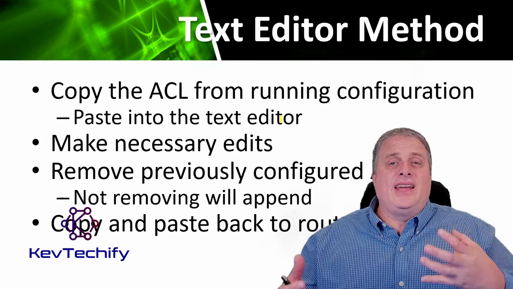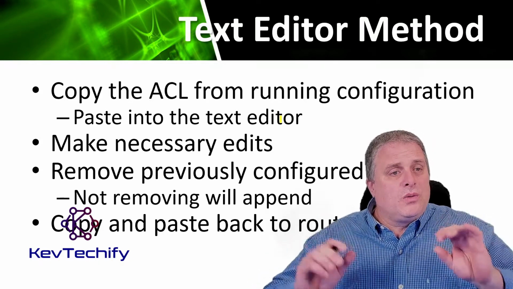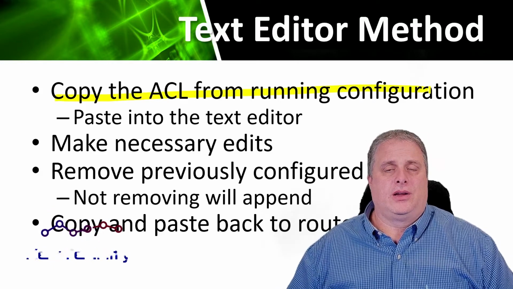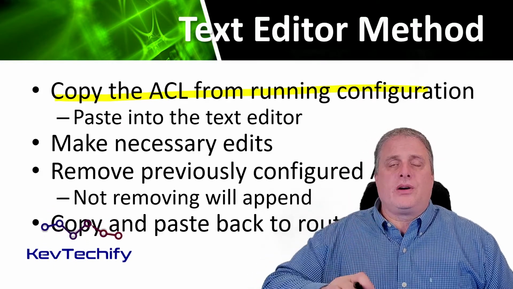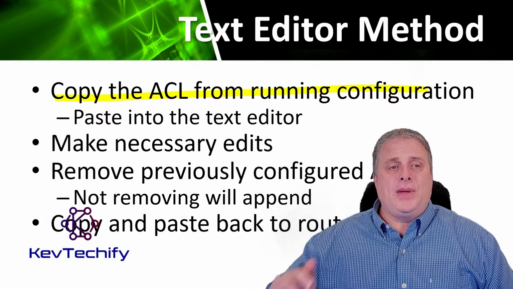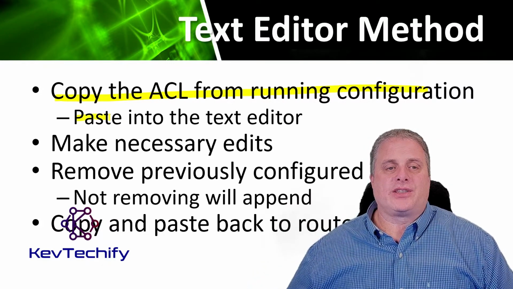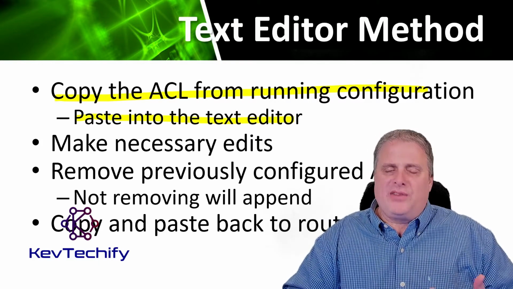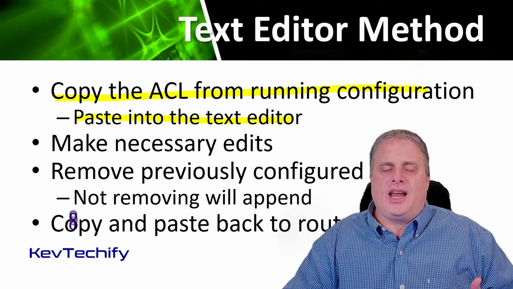To modify an ACL using a text editor, the first thing you need to do is copy the ACL from the running config. Go into your router interface, your PuTTY or Tera Term window, copy it, and then paste it into a text editor. Here we're talking Notepad. I'd stay away from WordPad because there's some weird formatting that happens.